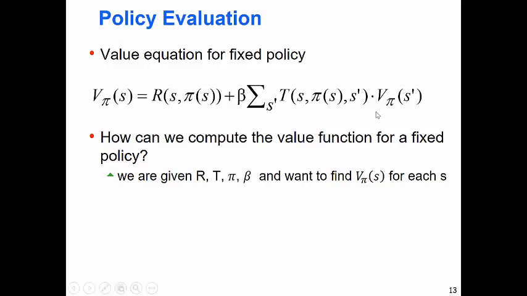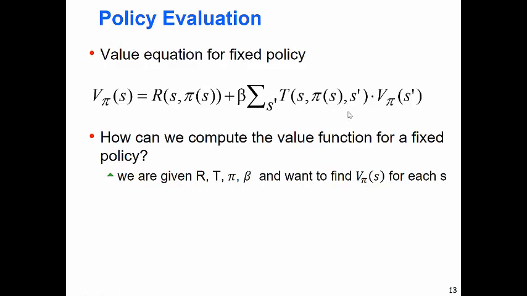If we think of each V pi of s, for every possible s, as a variable, you can update all of them at the same time. Is there anything special about this equation in terms of V, if we assume this is a constant and beta and this is a constant?